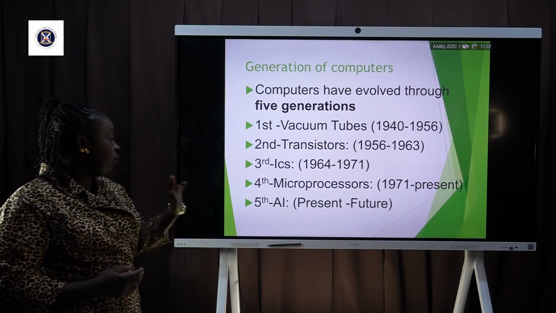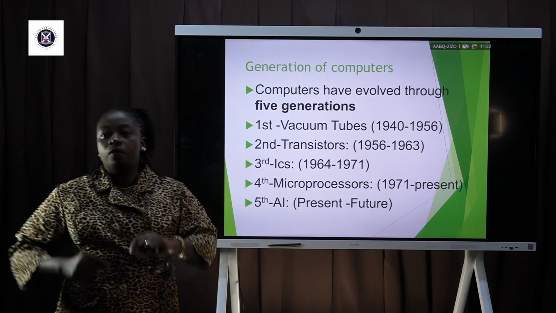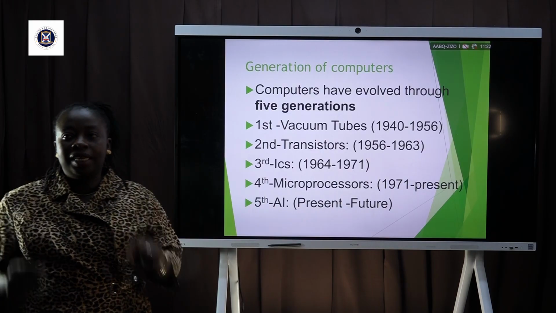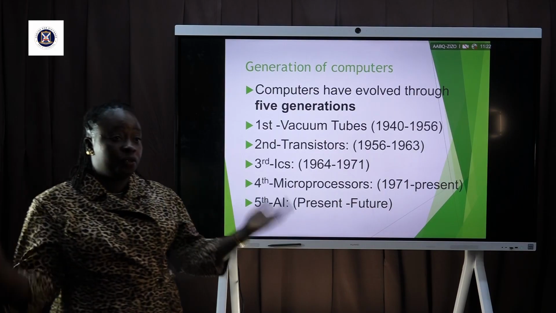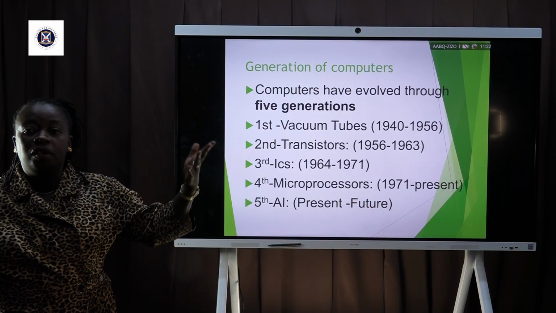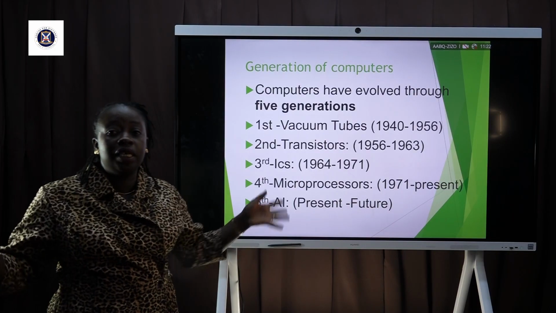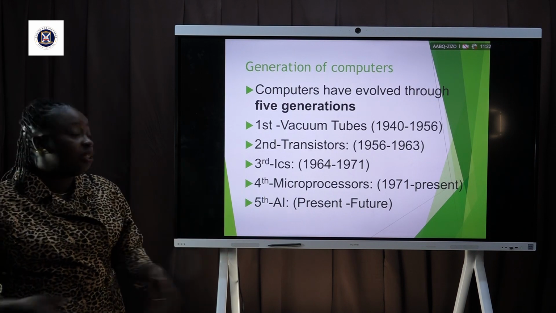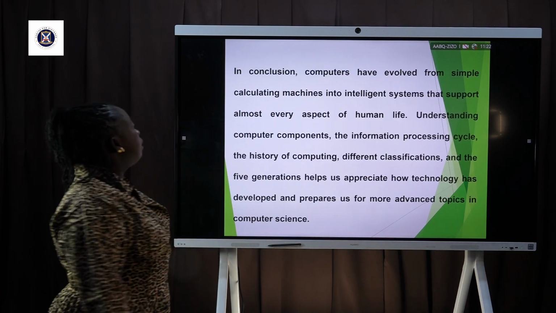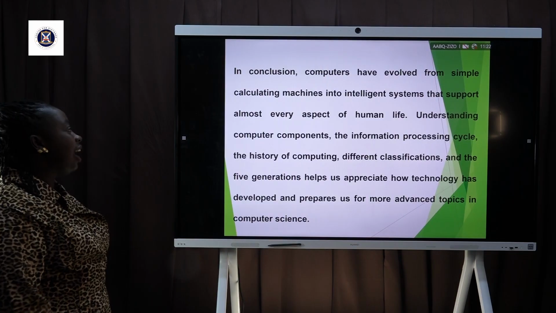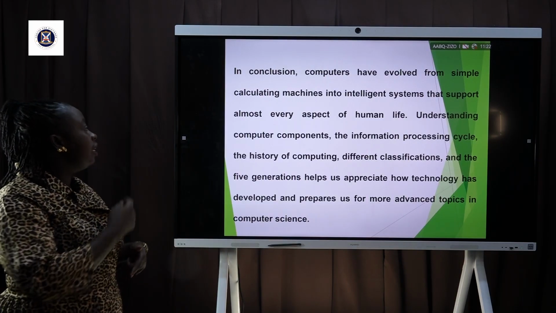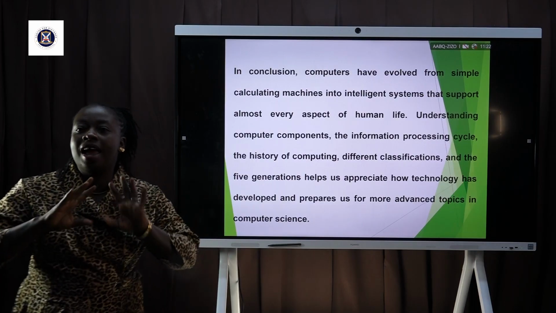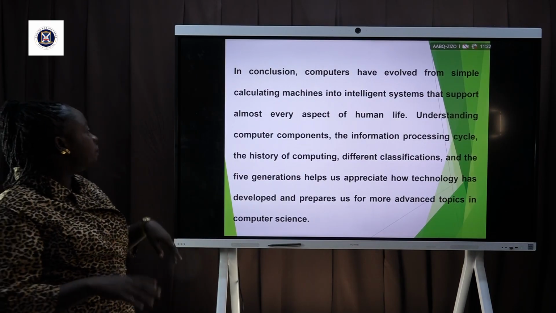Then we have the fifth generation computer, which made use of the artificial intelligence, the AI, and that's the generation we have present till future. And we have a lot of features of the fifth generation, the robotics, the natural language processing, and so on. In conclusion, computers has evolved from simple machine to intelligent system that supports our everyday life.